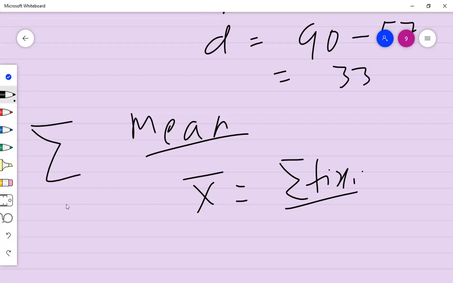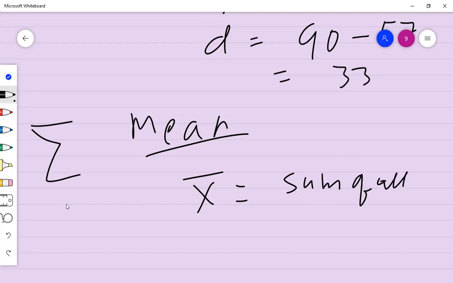I know you've taught it to me before. Okay. The first and foremost definition of mean is sum of all observations upon total number of observations.